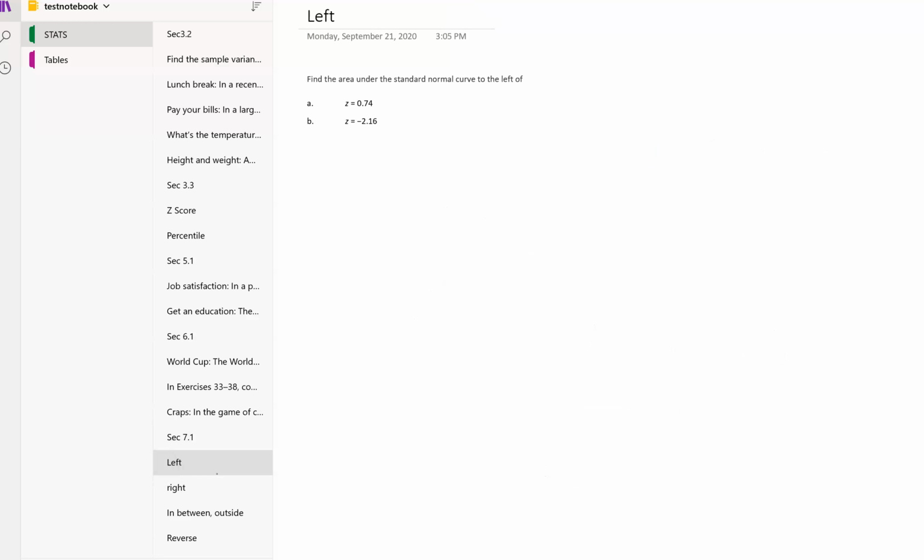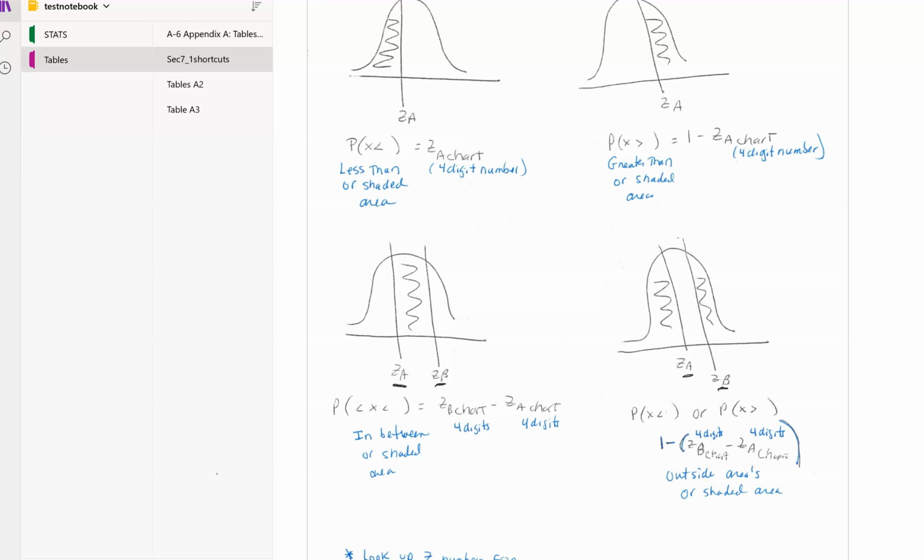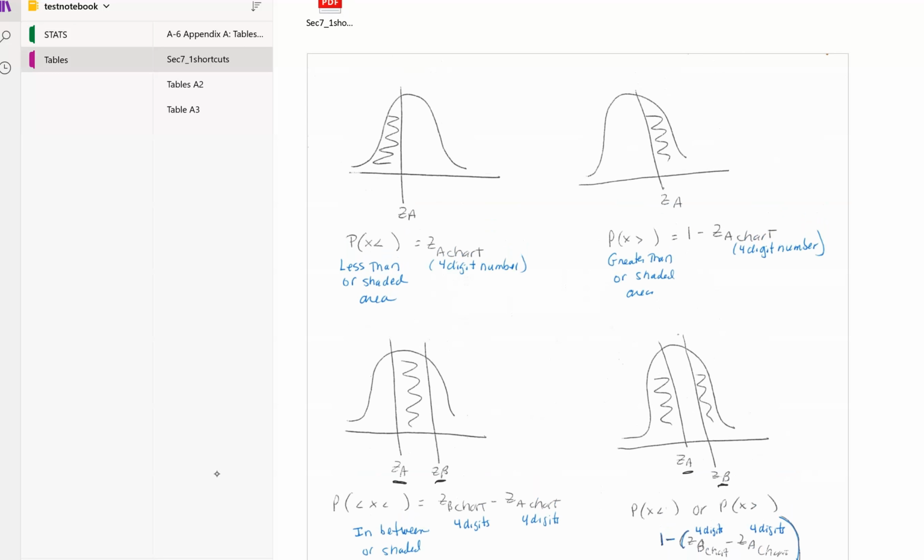Okay, next. Find the area to the left. So 0.74. Let's just draw this out. So remember, 0 is always in the middle. So 0.74 maybe is here. And I want to the left. So this looks like this. So according to my shortcuts here, the left is just the answer I look up on the chart.